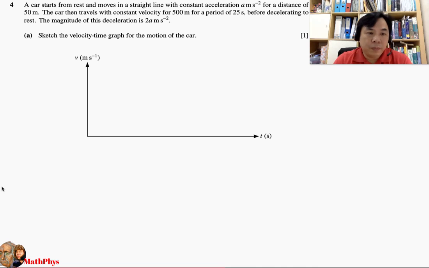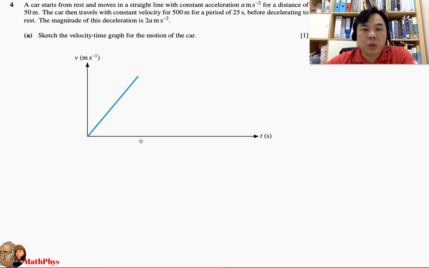Take for instance, in this case, because it's moving at a constant speed, constant speed means a straight line. So we can roughly place it somewhere here, even though we are not very sure of the distance.